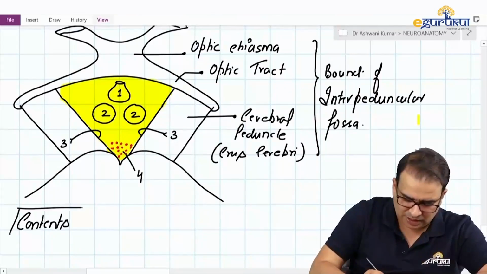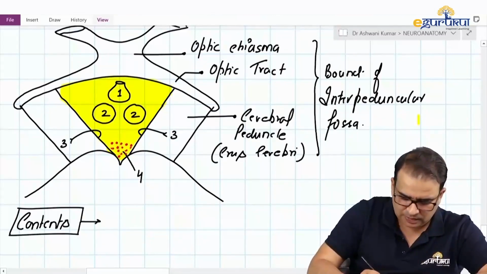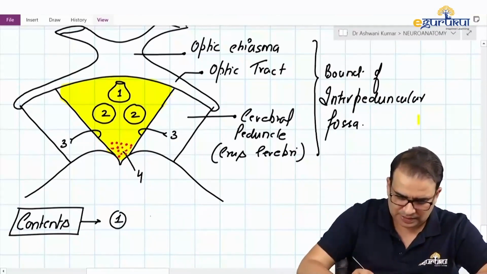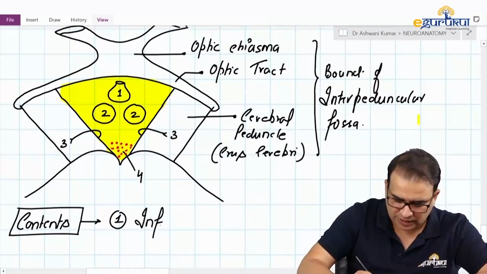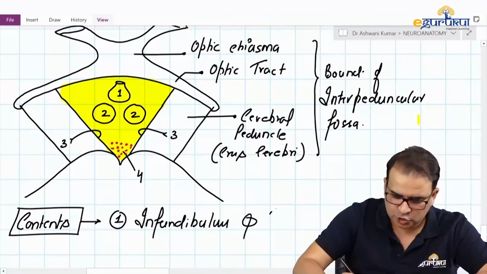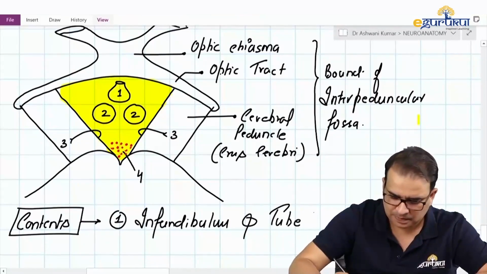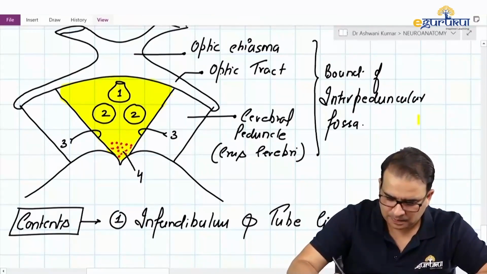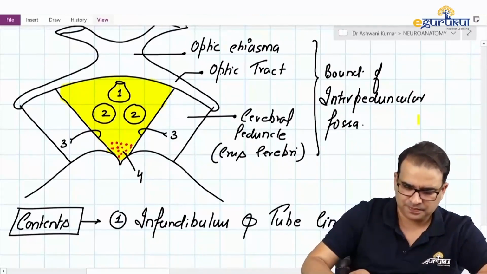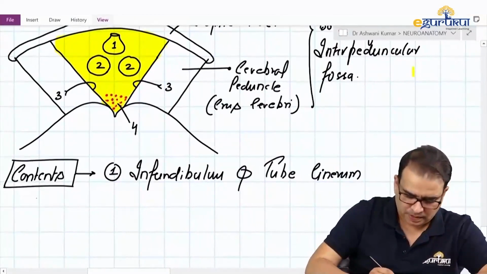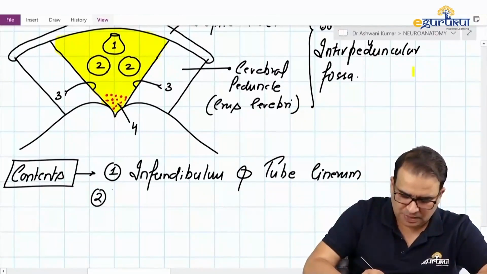Let's write about them. Contents are number 1, infundibulum, that is a stalk of pituitary, and tuber cinereum. Number 2 is mammillary bodies.